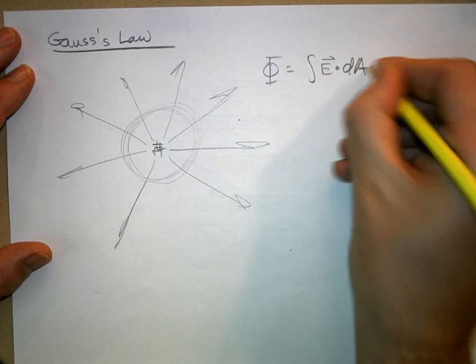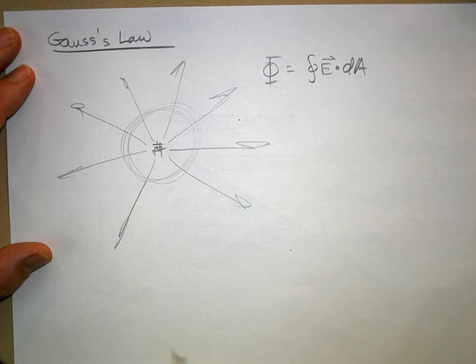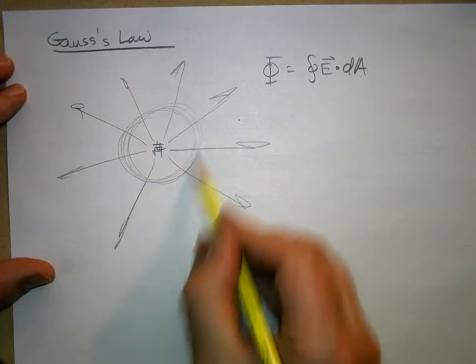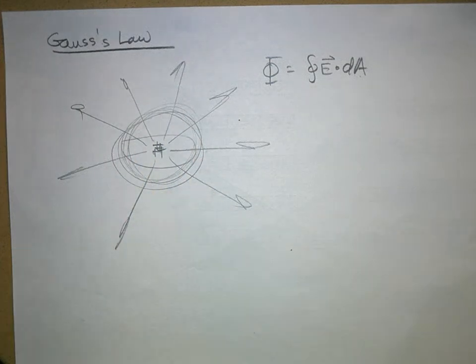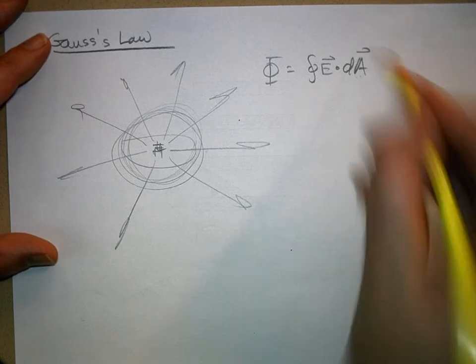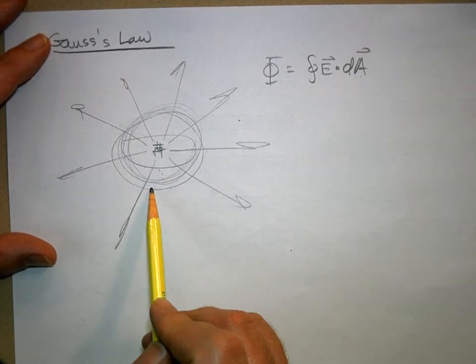Well, I'm just going to close it with a sphere. Why? Because I can close it with anything I want: a cube, an amoeba, an ovoid, whatever shape you can think of. But I'm going to pick a sphere, and I'm going to make it concentric.